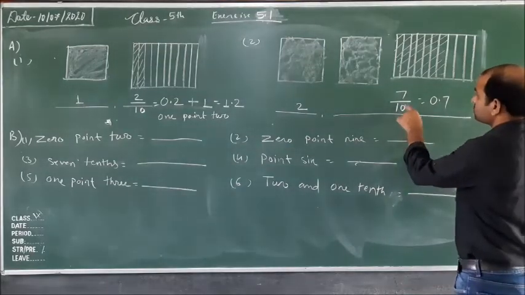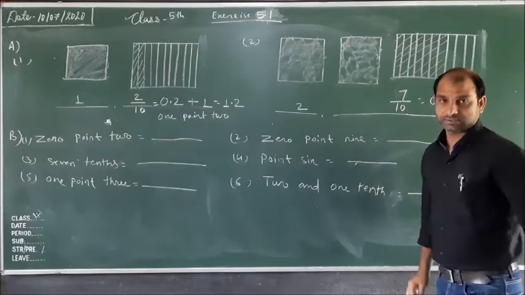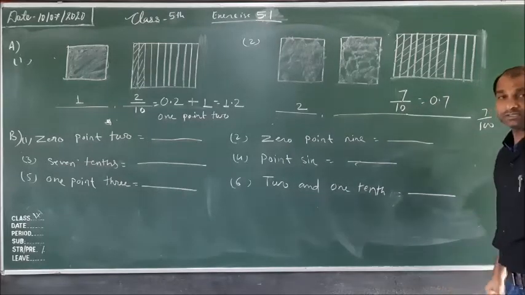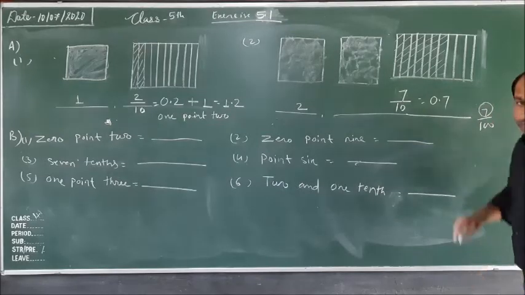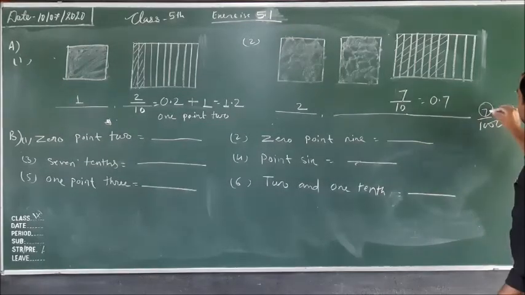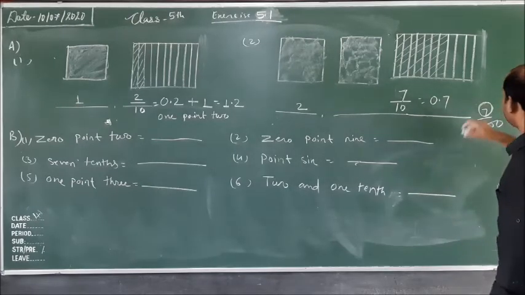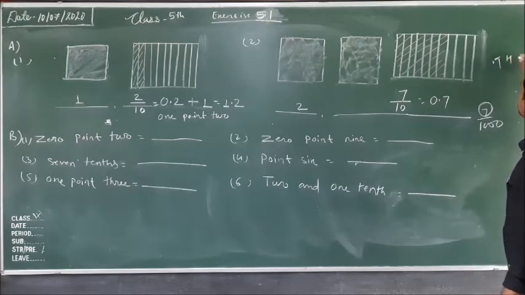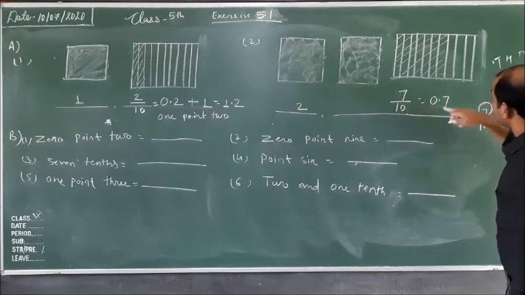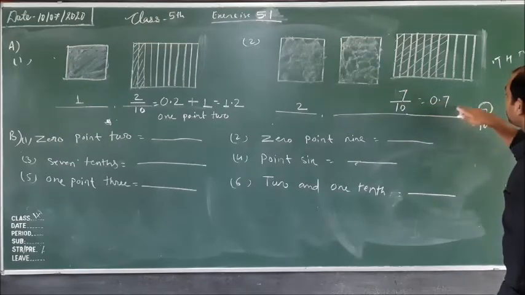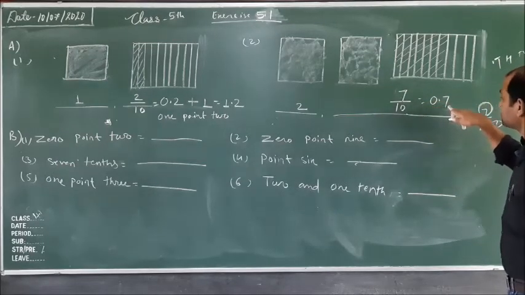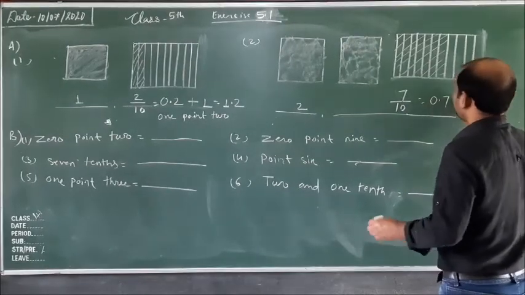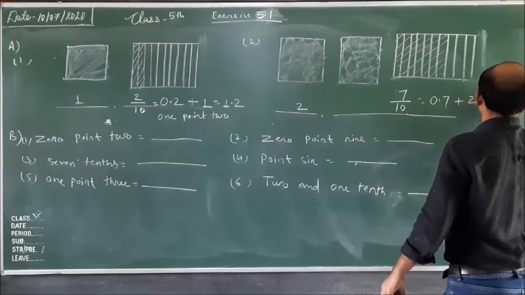Why? Because of the 10 here, 7 is written in the tenths place. 7 upon 10 means 7 is written in the tenths place. 7 upon 100 means 7 is written in the hundredths place. 7 upon 1000 means 7 is written in the thousandths place, and these places come after the decimal point. So 7 is in the tenths place, so we write 0.7. Now we add the 2 before it, so 2.7.